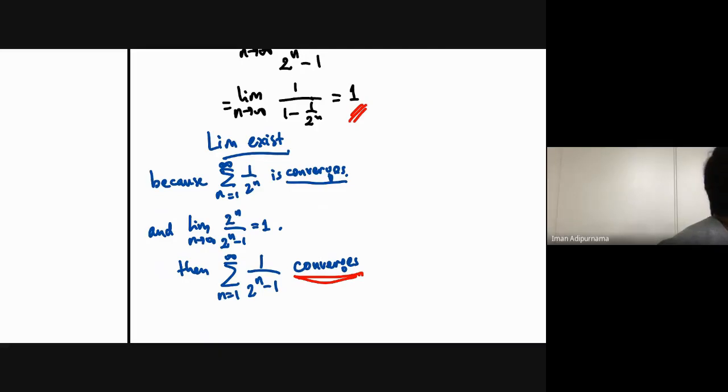This limit comparison test is one of the tests that is frequently used. You will use this frequently because it's not too difficult to try. What you need to do is just plug in an and bn, and you can think of any series that is easy to follow to be compared with.